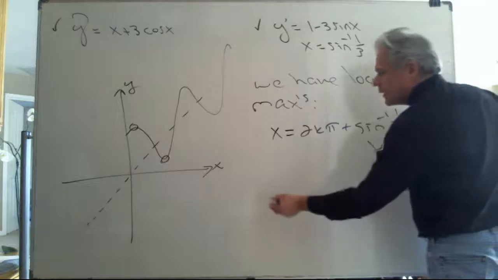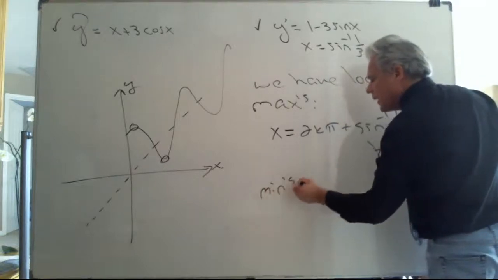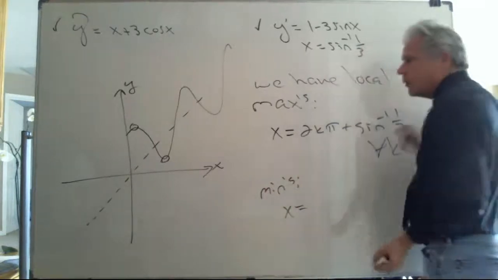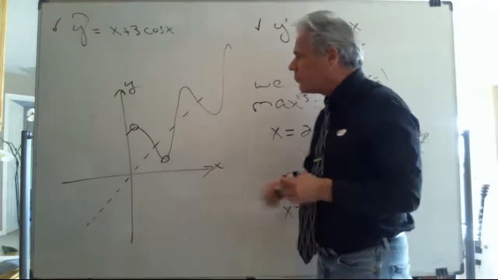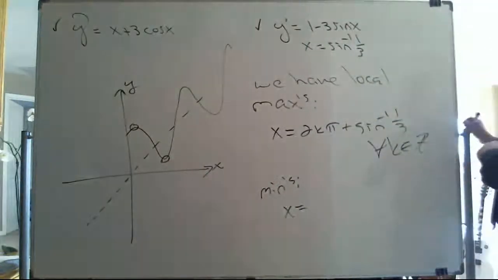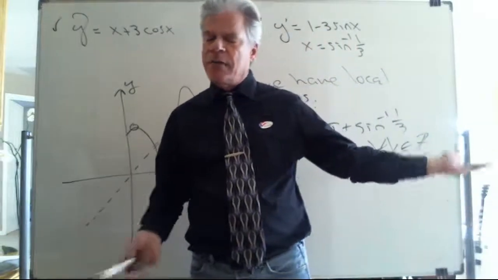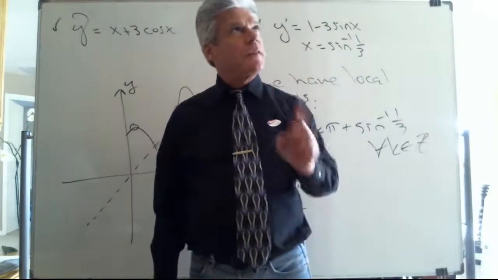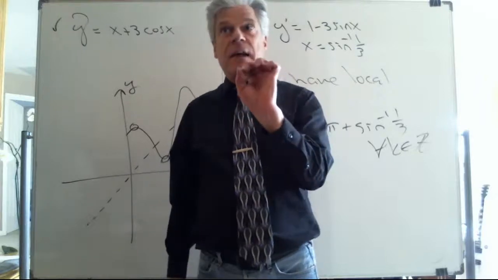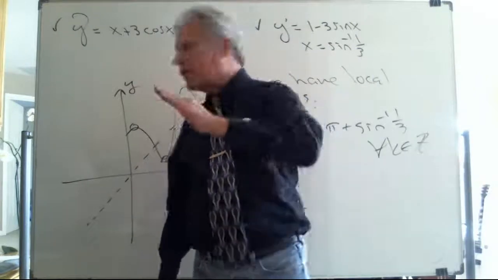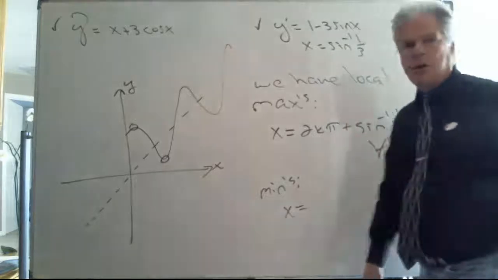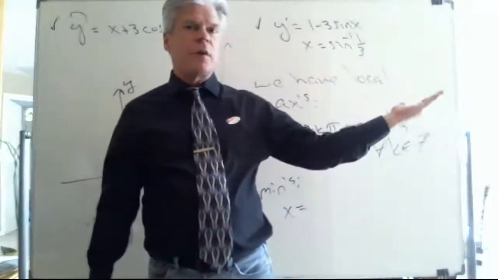I think likewise, I got local mins at x values that are going to be, well, this one over here, which can be obtained just by looking at a unit circle, where I'm going to generate a second y value whose sine is positive 1/3. I said y value. A second angle for which the sine is positive 1/3 in this case. Well, here's the inverse sine of 1/3 in the first quadrant.